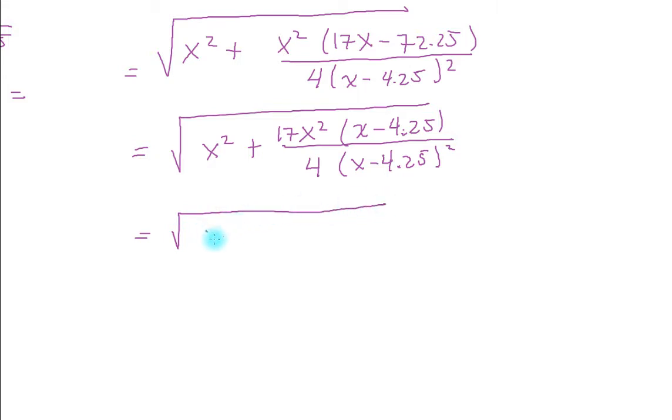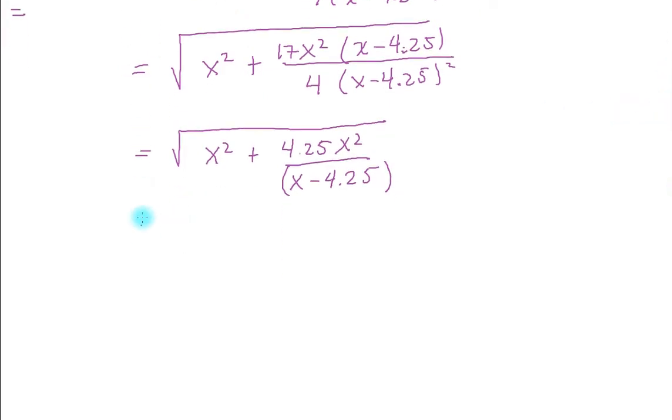So we have x squared plus, now 17 over 4 is 4.25, x squared divided by x minus 4.25. Okay, now we find the common denominator.